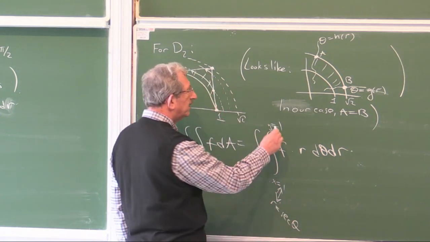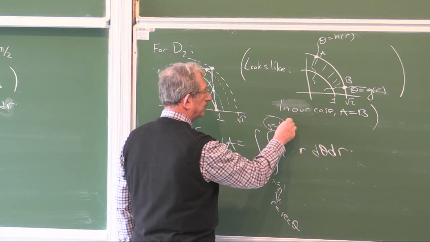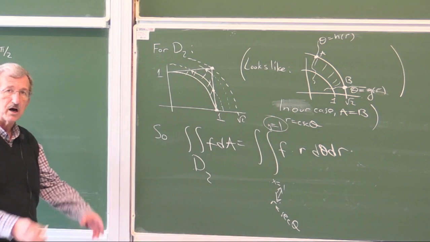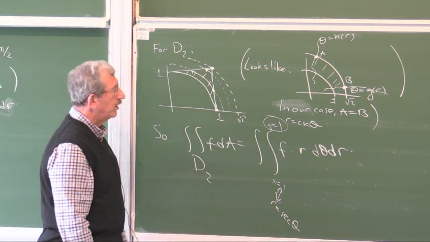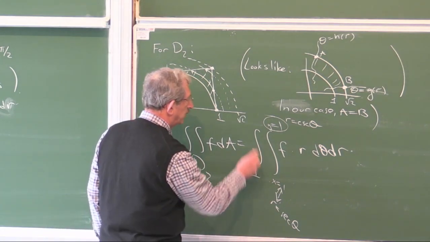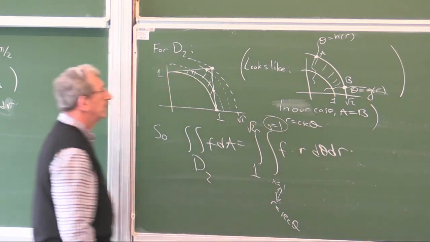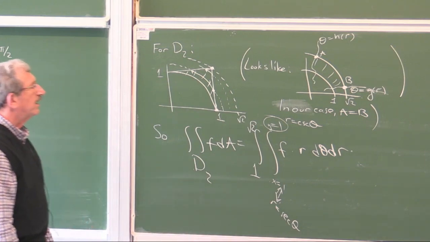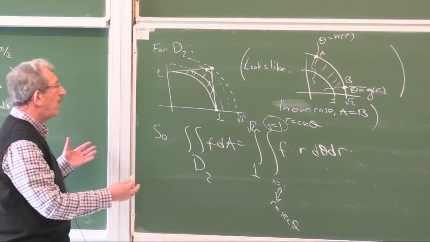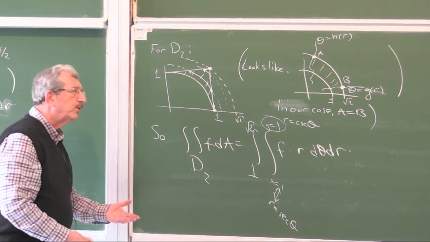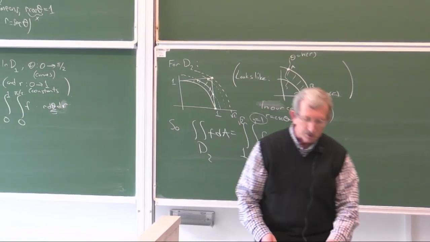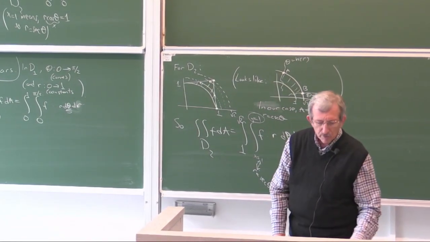We did this a minute ago, and this transformed into r is cosecant of theta, because r sine theta is 1, so r is cosecant of theta. And r changes in the meantime from 1 to square root of 2, because it's a simple region, and r changes between two constants. Now, obviously, D1 union D2 is D, and so this decomposition is well defined.